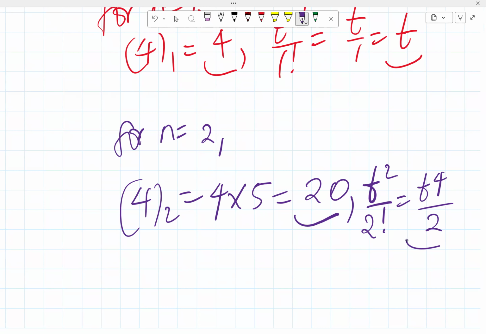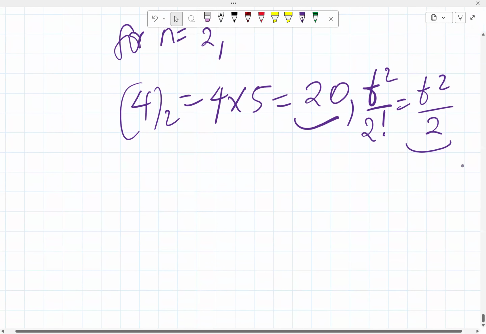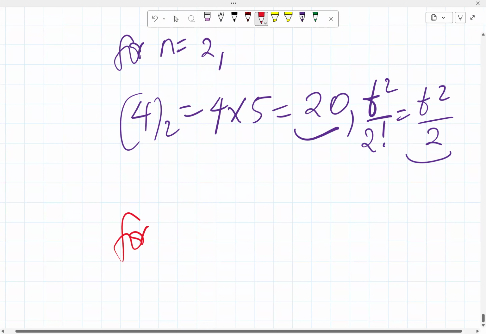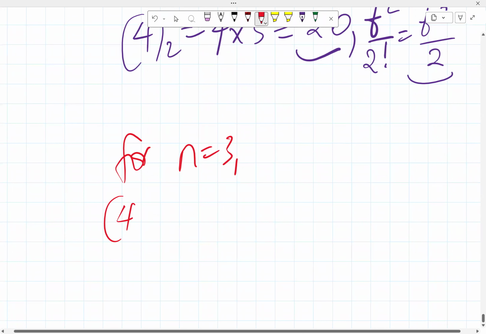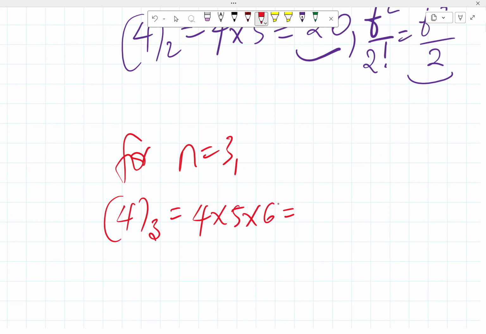Lastly, the fourth term: for n equals 3, we have 4 rising factorial 3. That's 4 times 5 times 6, which is 20 times 6, which is 120. And on the other side, we have t cubed over 3 factorial, that is t cubed over 6.